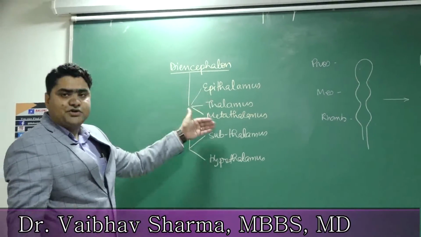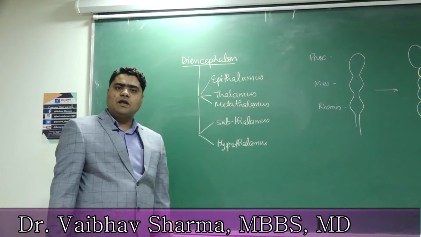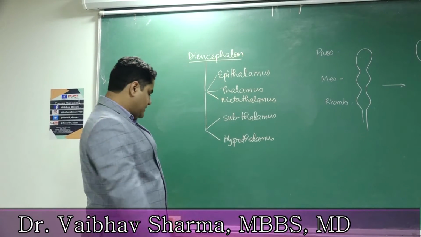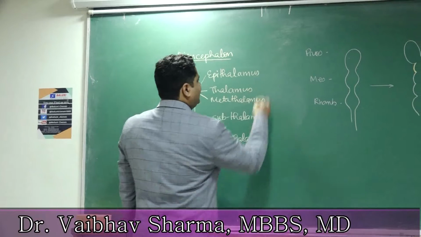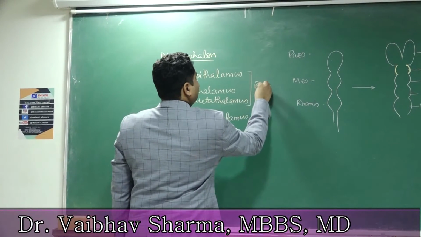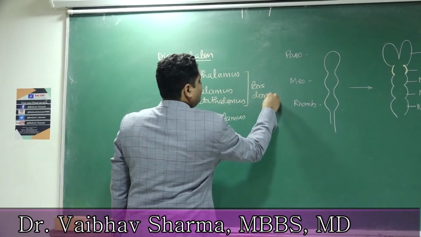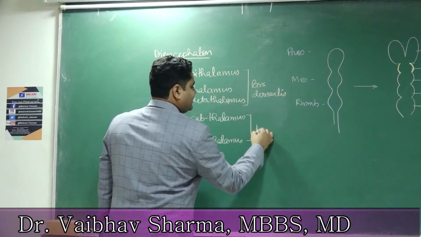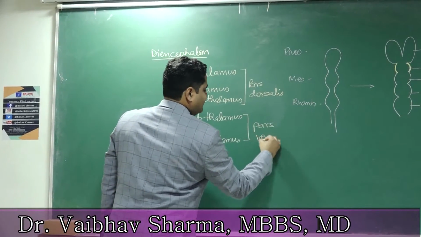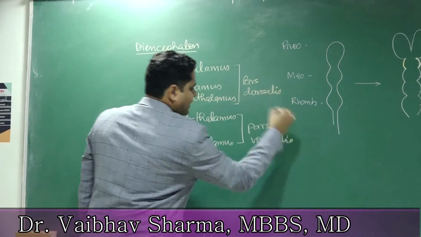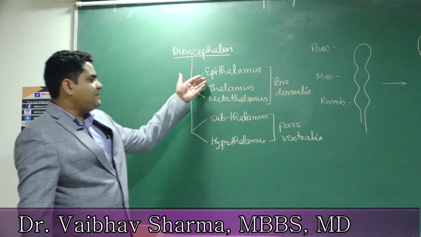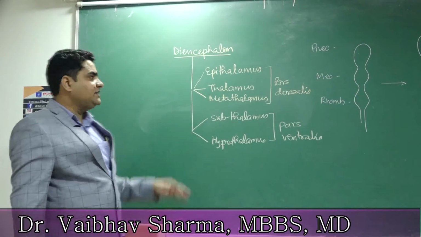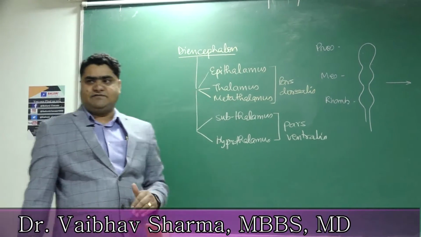Now, these three portions of diencephalon are called as pars dorsalis, while these two portions are called as pars ventralis. So, epithalamus, thalamus, metathalamus, subthalamus, hypothalamus, these are 5 parts of diencephalon.